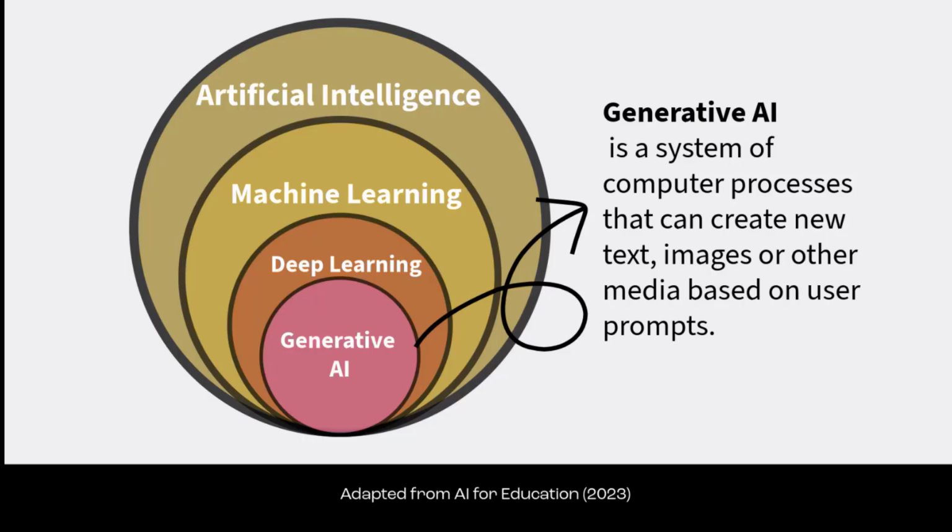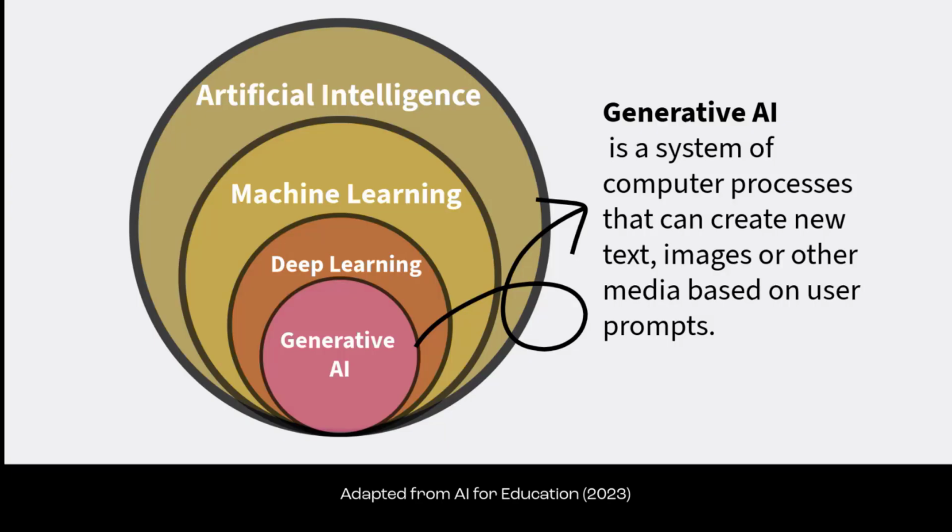So generative AI is a system of computer processes that can create new text, images, or other media based on a user's prompt. You're probably familiar with things like ChatGPT, for instance. It is this larger circle that is considered artificial intelligence, and artificial intelligence has been around for a very long time.